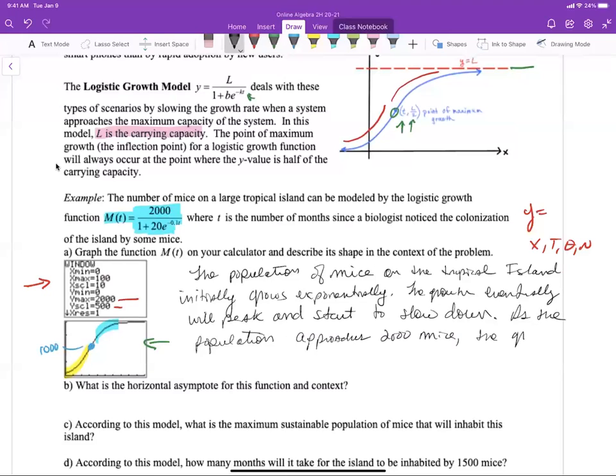The growth rate gets very small, essentially almost next to 0. Okay, there you go. There's the description.